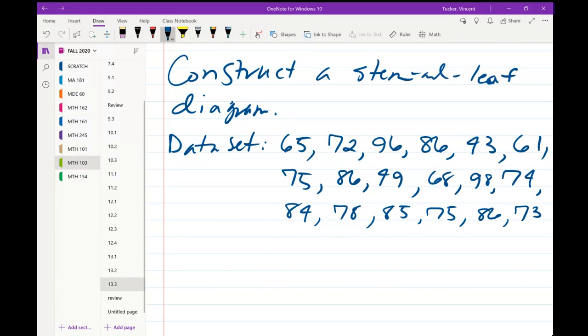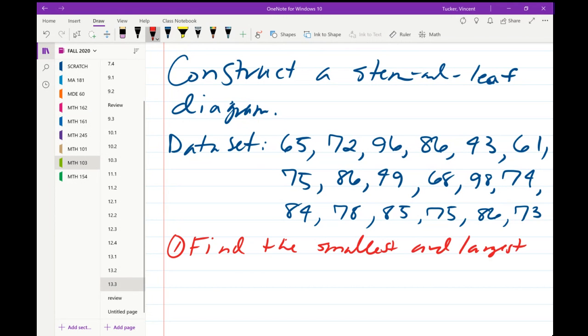All right, so I'm going to construct a stem leaf diagram. We have this data set.